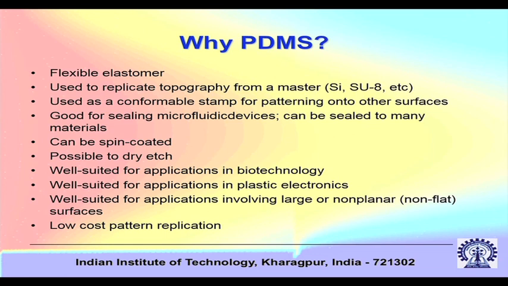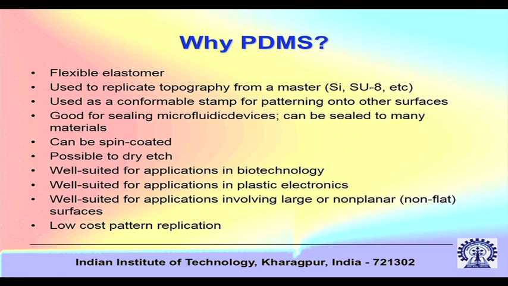By this time you have heard from me about PDMS several times, that PDMS is a material commonly used for microfluidic channels and for many biological applications, and the question is why PDMS? Why do you use PDMS as a very common material?